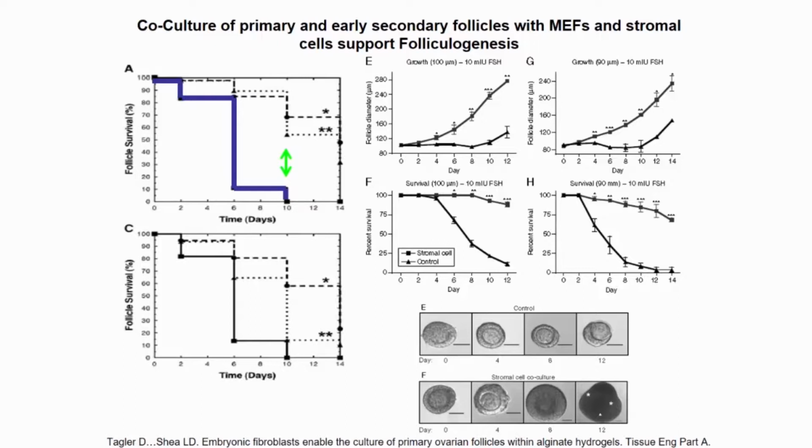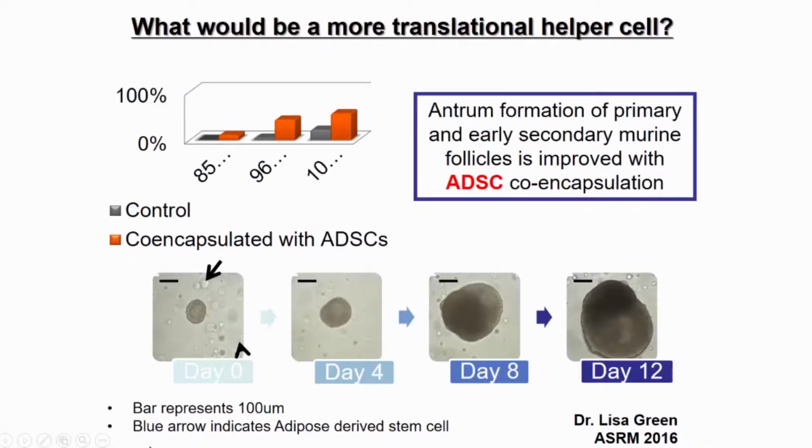But then we said mouse embryonic fibroblasts are great, but can we come up with a better or more translational cell line? So years later, we decided to use adipose-derived stem cells, right? Because if you think about the patient, it would probably be ideal to take the follicle from the patient and then some fat, isolate adipose-derived stem cells, and try to co-culture follicles with them.